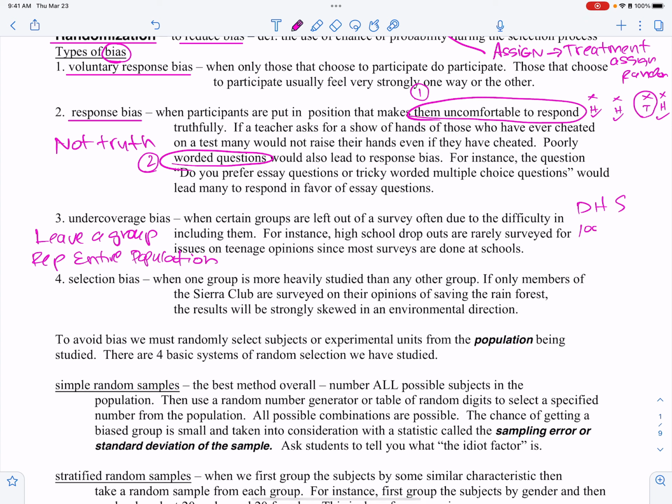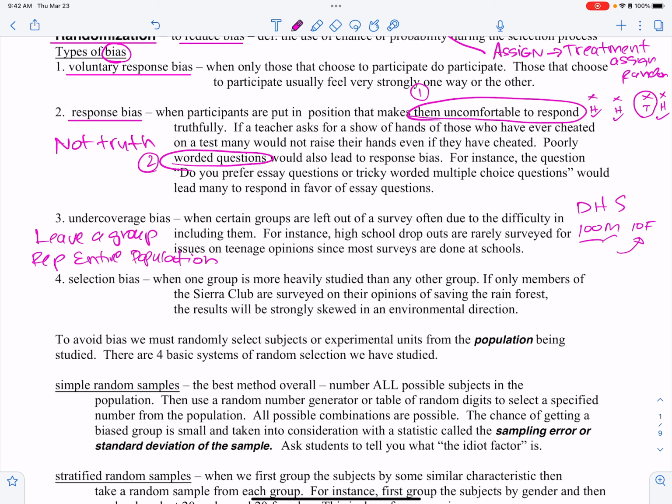And let's say I had 100 males and 10 females that happened to be in my study. Obviously there's an overrepresentation of males and an underrepresentation of females. So this would be an undercoverage for females, and it may actually change my survey if I had a more equal representation of gender.